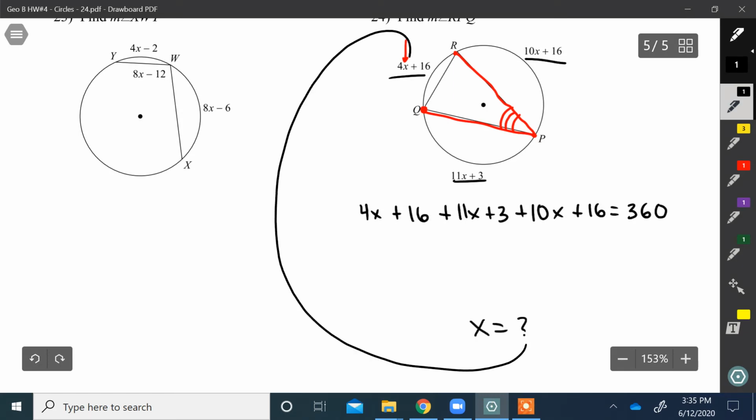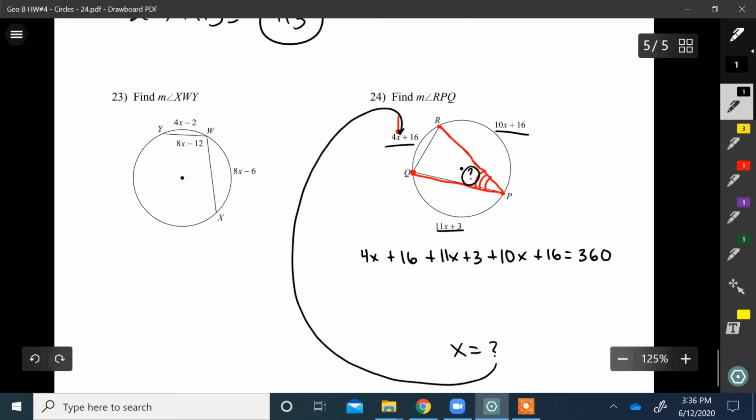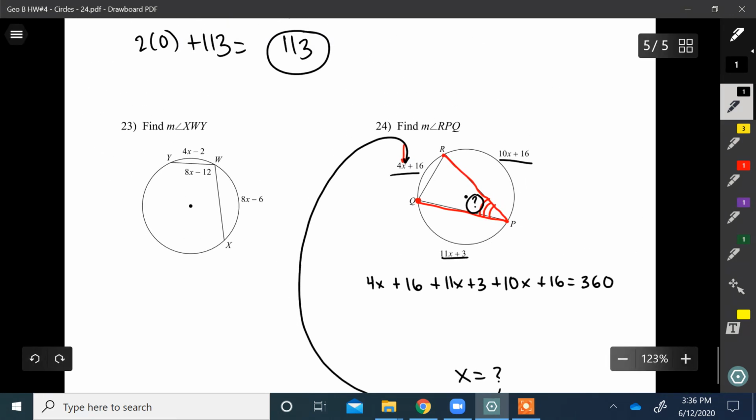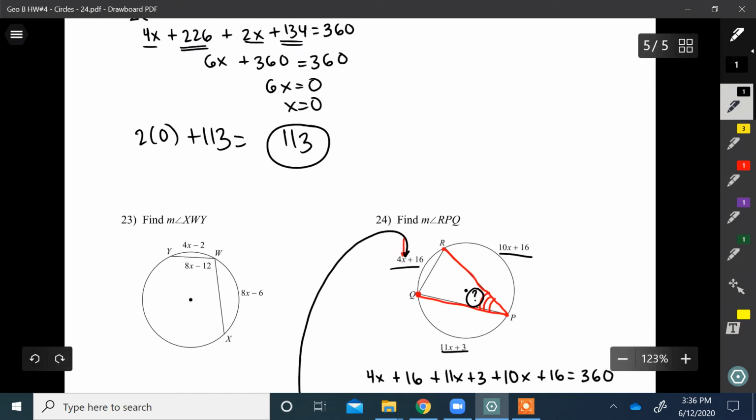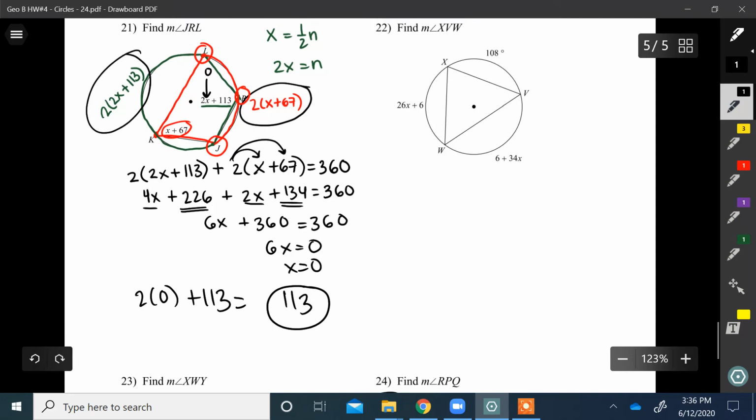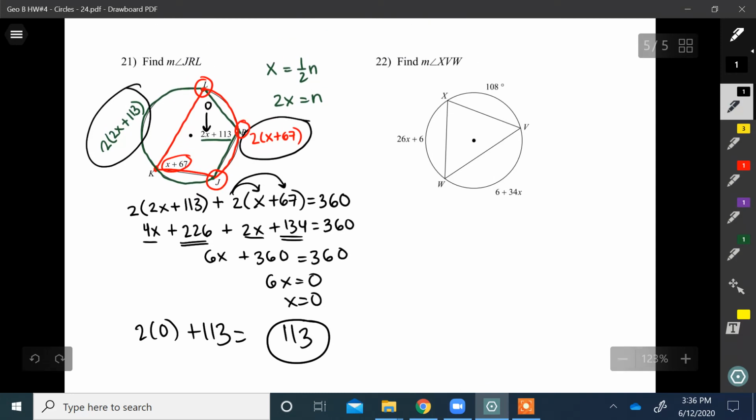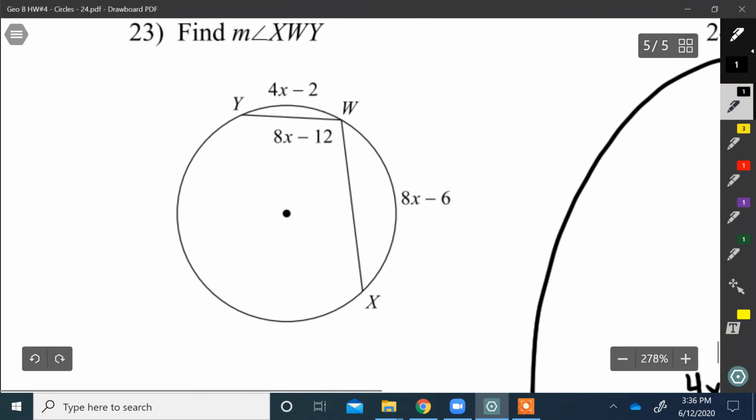Plug that into that right there. Whatever you get there, the answer is gonna be half. Okay, half of whatever you get there. So let me actually then do 23. I have done plenty of those. Let me do 23 for you.